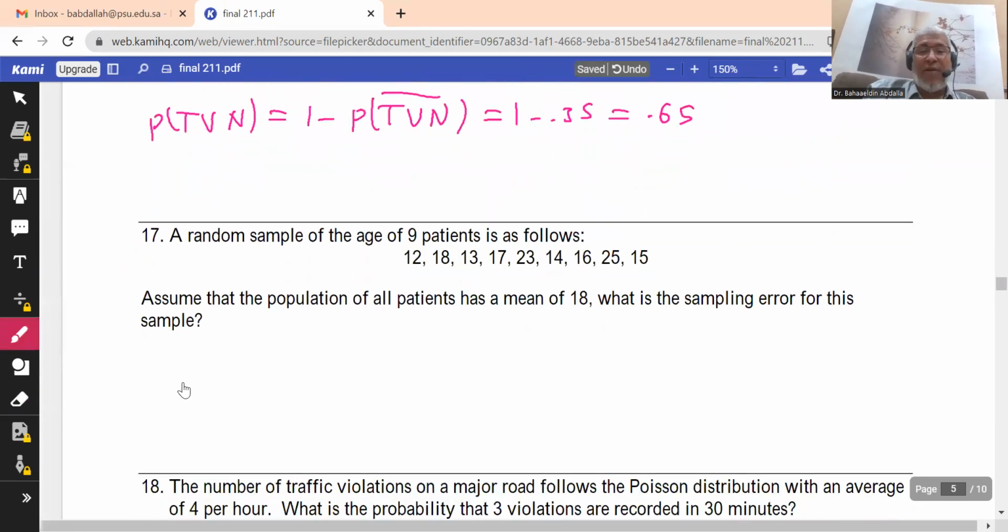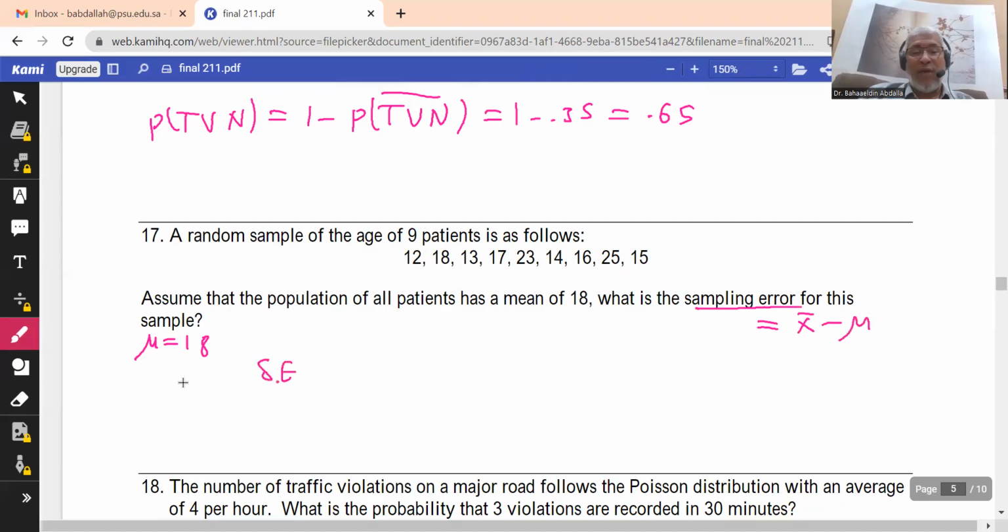A random sample of the age of 9 patients is as follows. So these 9 ages. Assume that the population of all patients has a mean of 18. So this is mu. What is the sampling error for this sample? To find the sampling error is x bar minus mu.